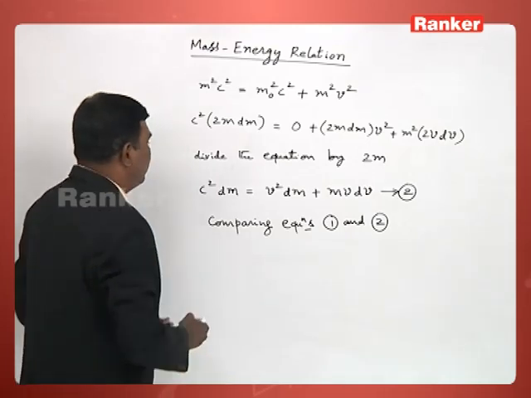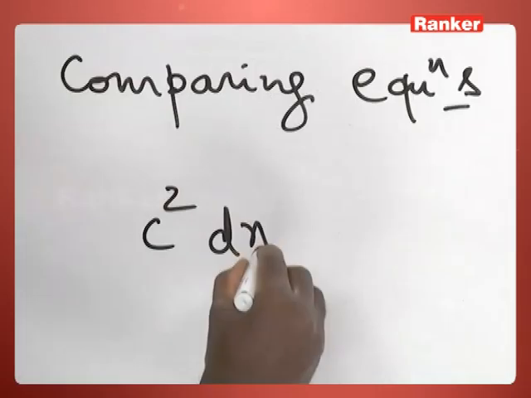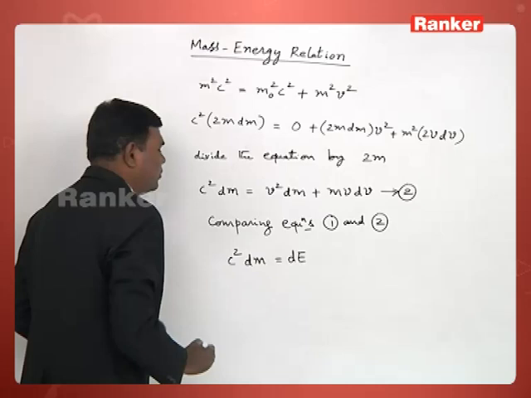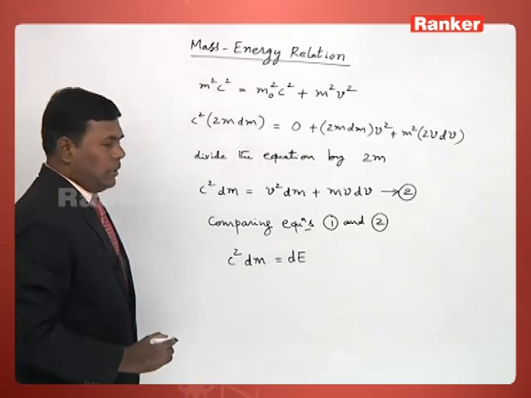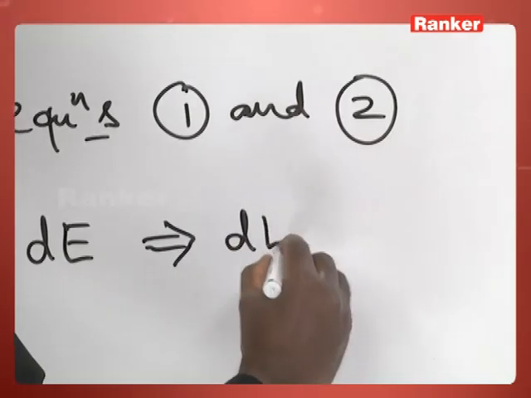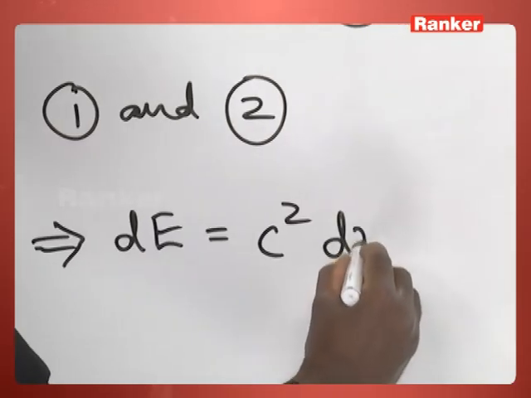In such case, we can write this c² dm is equal to dE. So this implies I can write this expression as a change in the energy of the particle, dE is equal to c² dm.